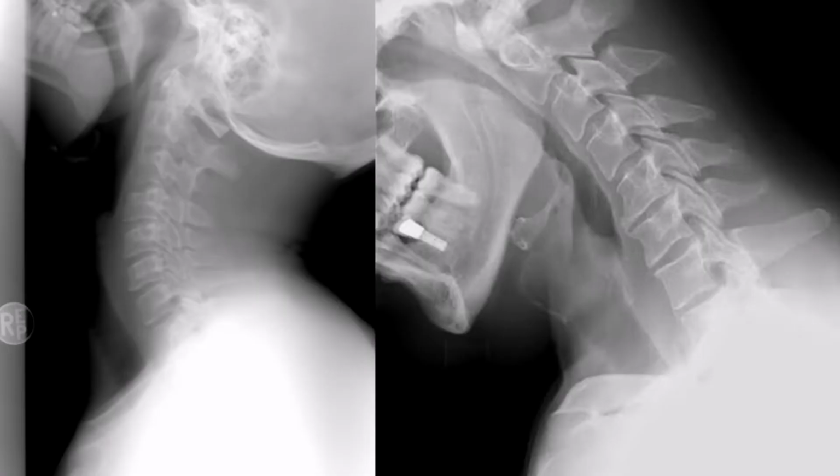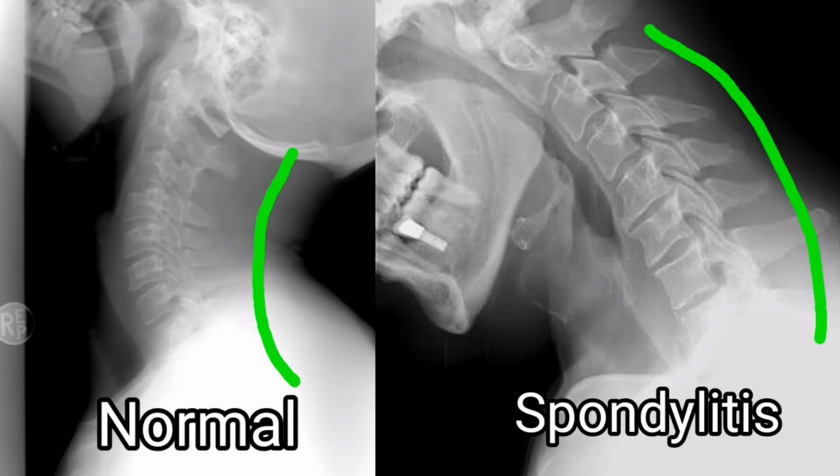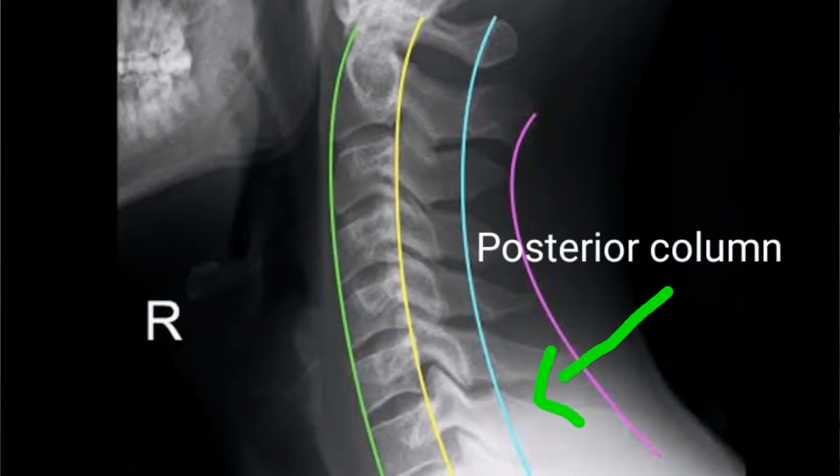Gradually, the lordotic structure, or the S-shaped structure, is lost and the cervical spine becomes kyphotic. Thus, the weight of the head is then transferred and passed through the posterior elements of the cervical vertebra.